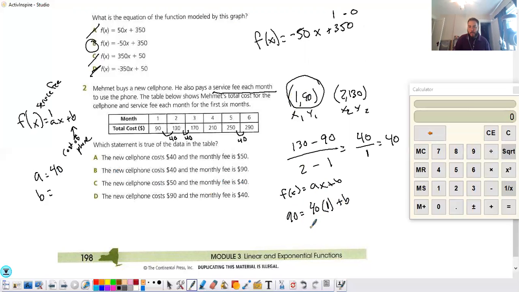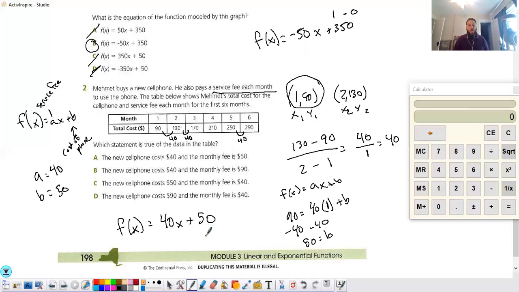So if I want to get b by itself, subtract 40 from both sides, and we get that 50 is equal to b. So then if I write this final equation, I'd have f of x equals 40x plus 50. So 40 is how much he pays each month, and 50 was the cost of a cell phone.